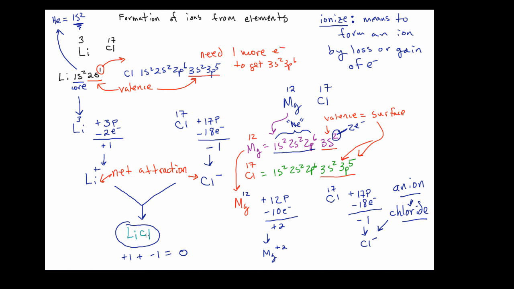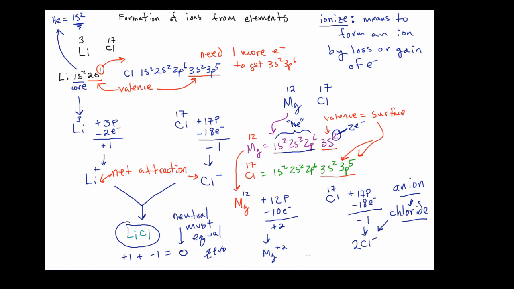So all ionic compounds must have their charges of the cation plus the anion equaling 0. I'm going to write that down. Must equal 0. So it's going to take two chlorides. In other words, magnesium, when it reacts with chlorine, is going to react in a 1:2 ratio.